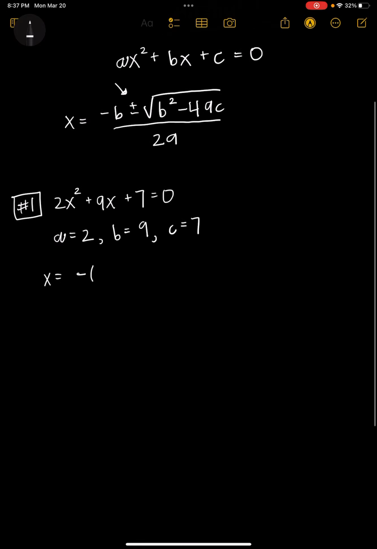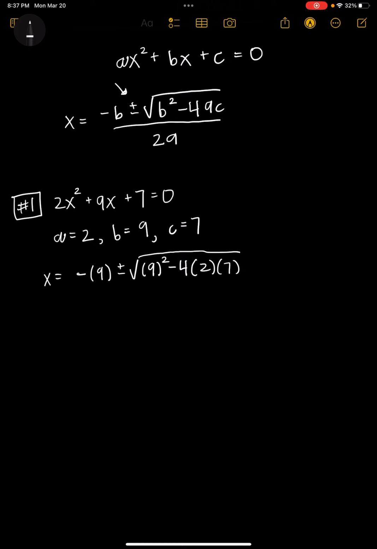So when I replace b, I'm going to put 9, because we know that b is equal to 9, and then plus or minus the square root of b squared, so I'm going to say 9 squared minus 4 times your a, which is 2, times your c, which is 7, and then that's all over 2 times your a, which is 2.